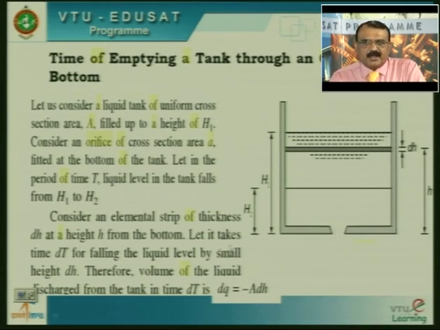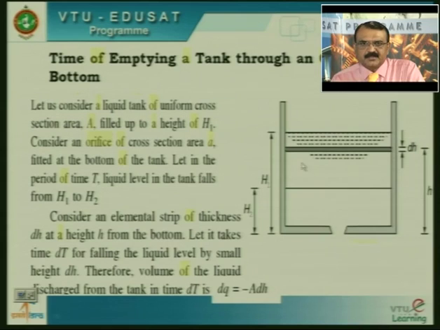Now at this instant, if you take delta t, that is a very short interval of time, the depth falls by this dh. Therefore, the volume of liquid discharged from the tank in this time delta t, I represent this as dQ. dQ is equal to area of the tank into minus dh.